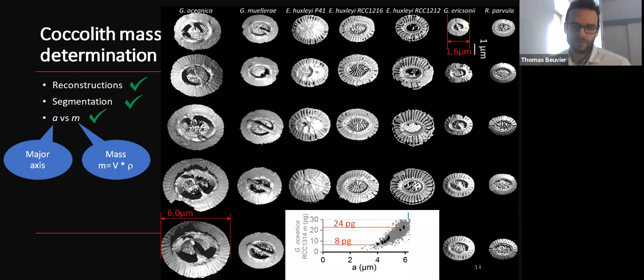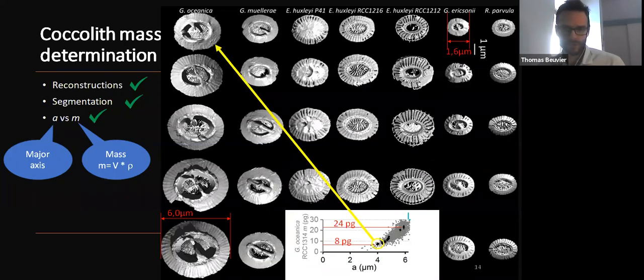Then we can plot the mass on the y-axis as a function of the major axis. So the results in black dots correspond to the nanotomography. So here, for example, it's the mass of the smallest coccolith of this species, and this one for the bigger one.